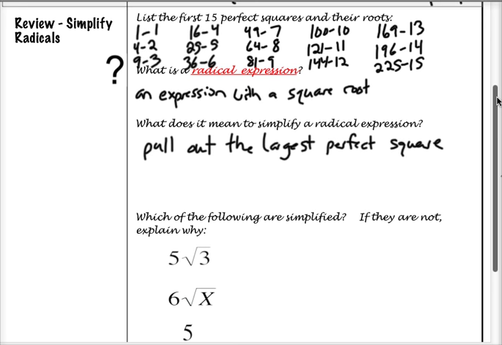That's where we started this whole adventure. And then the second piece to that is no radicals in the denominator. And remember, to fix that, that's a process we called rationalizing the denominator.